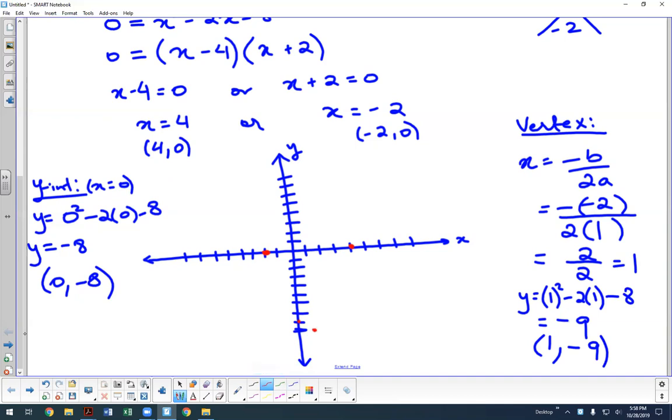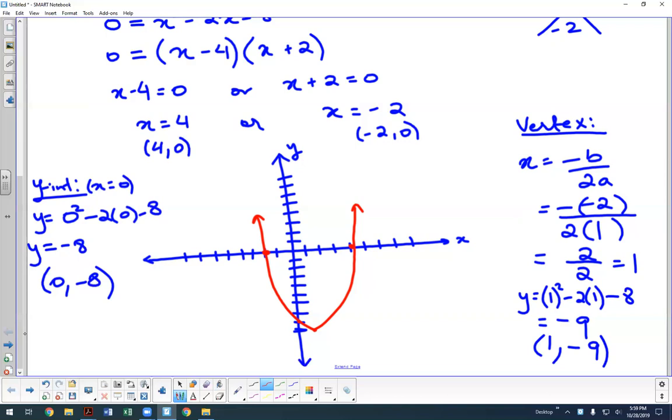And then 0, -8 is where your y-intercept is at. So this is our lowest point on the graph, crossing the y-axis, and then crossing the x-intercept. That's kind of what this graph should end up looking like.